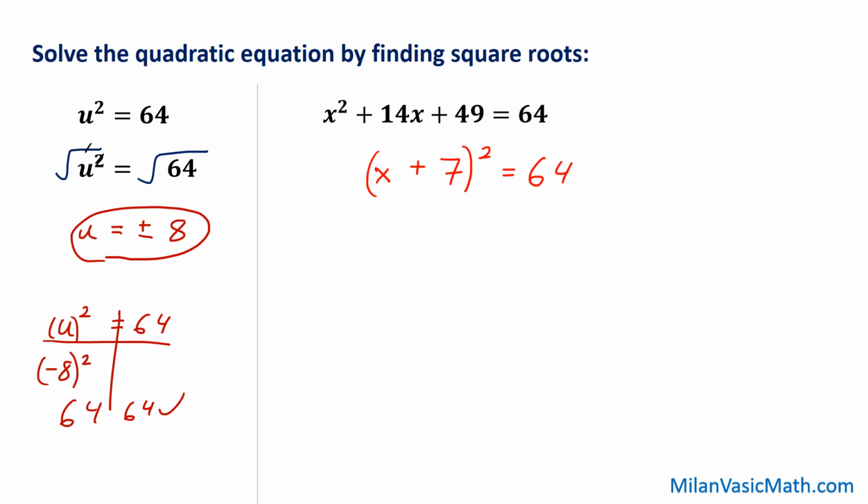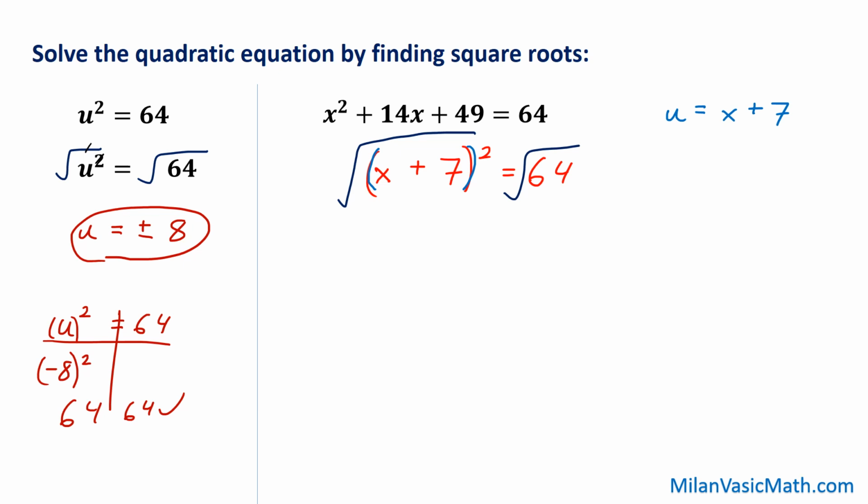This is very similar to what I just had. You could see that if I said that u equals x plus 7, that would be inside the parentheses here. All I have is u squared equals 64. So, same thing like before. Let's take the square root of both sides.